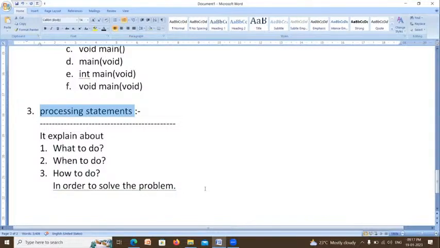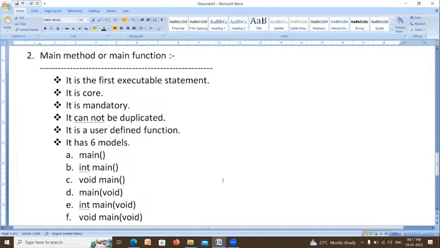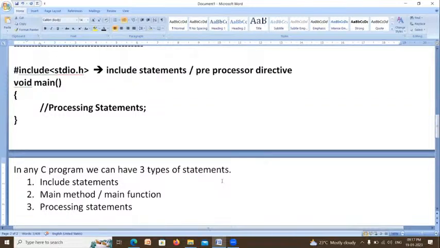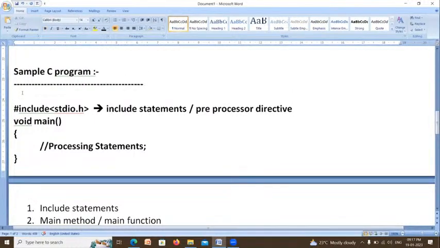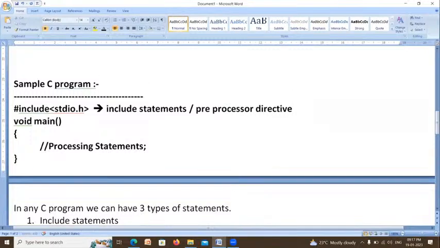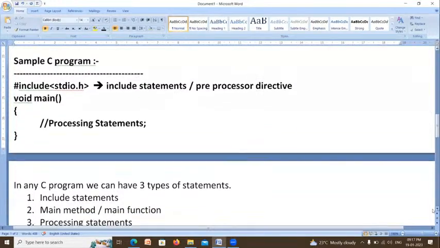So these are the 3 parts in a sample C program. Now, my dear friends, note this.